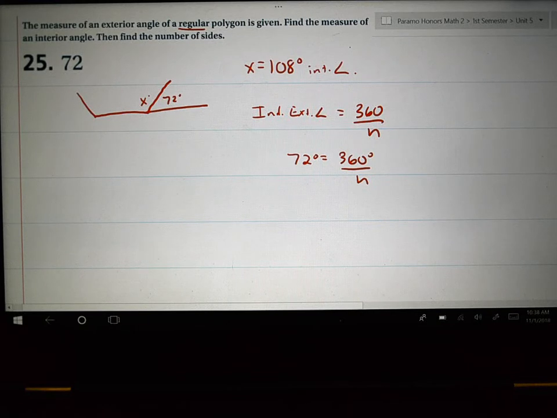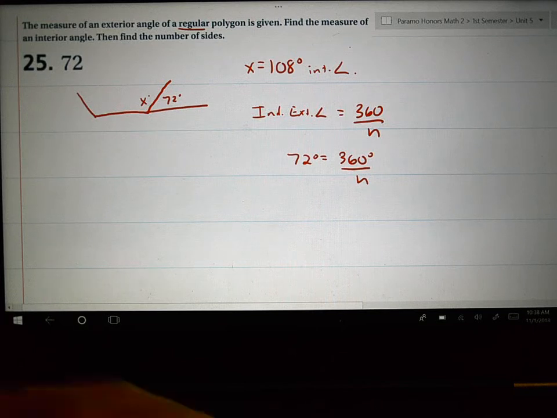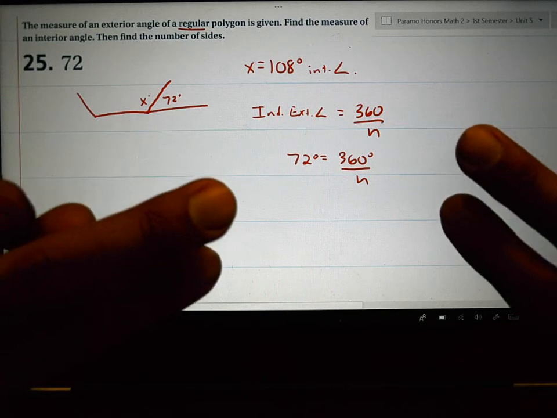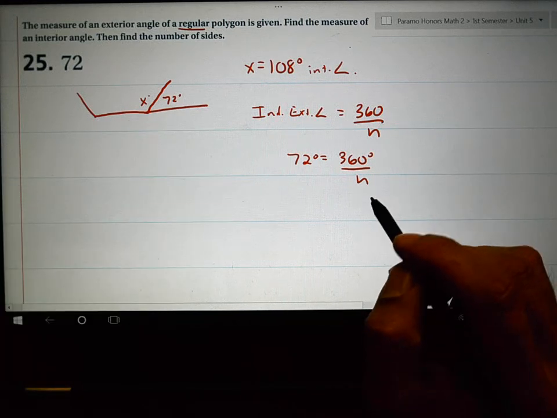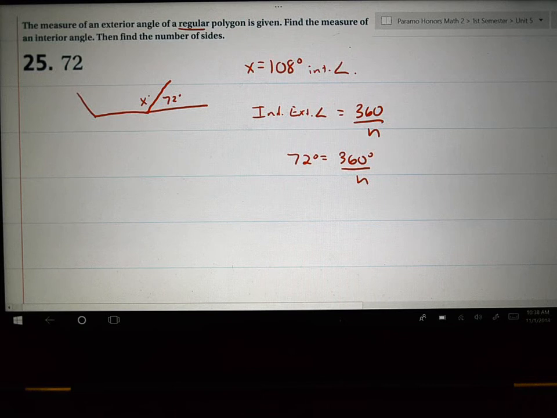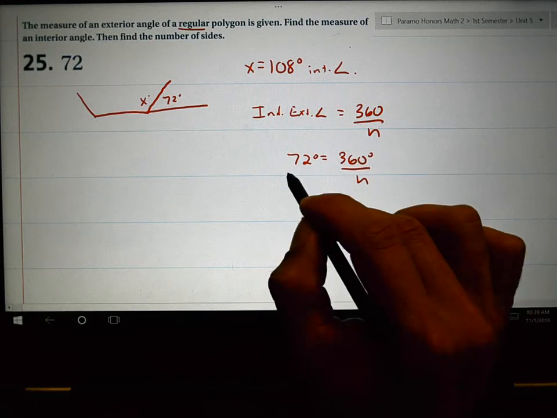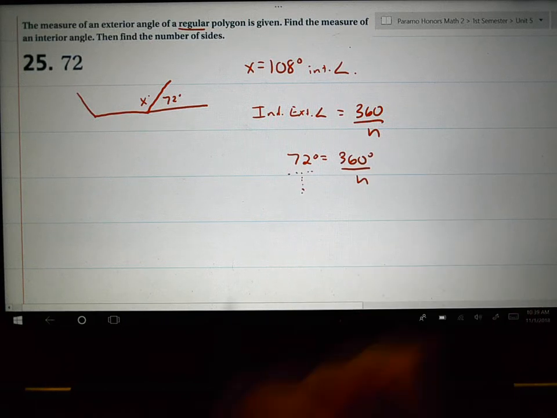So I'm going to show you a couple different ways to do it. There's medium ways, long ways, and other ways, but the fastest way that I've learned to do this is I'm going to use the reciprocals. Think of this as a proportion.